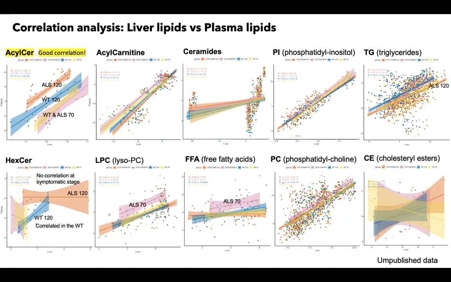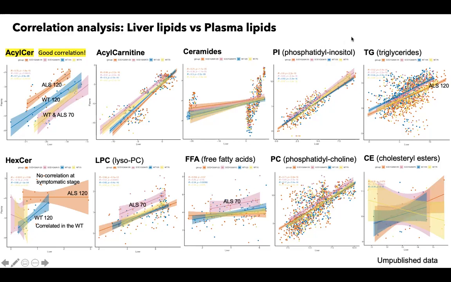Another analysis that we did was a correlation analysis between liver lipids and plasma lipids. This figure shows that there are several lipids that are correlated between the liver and plasma.